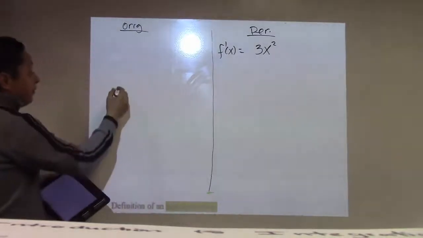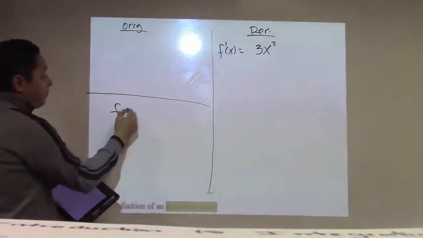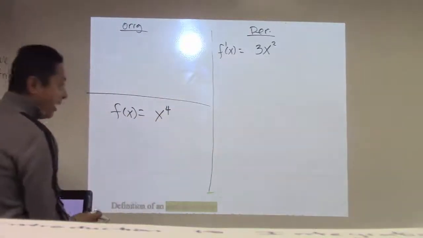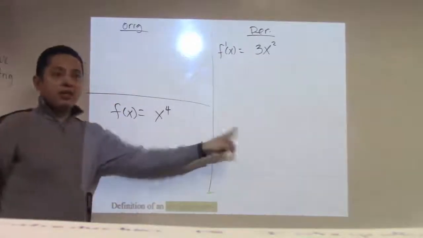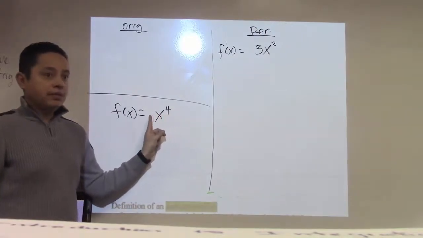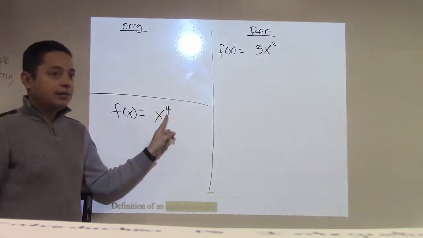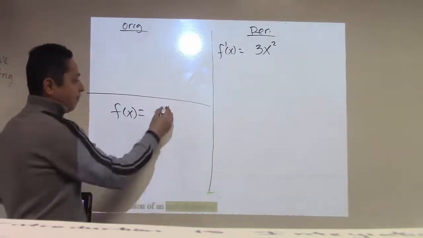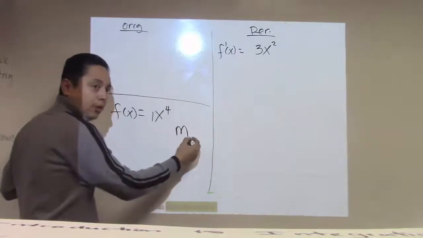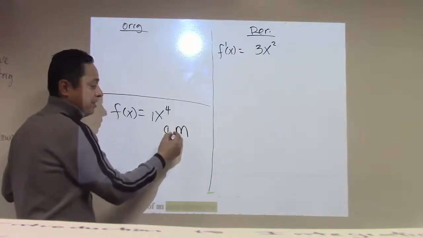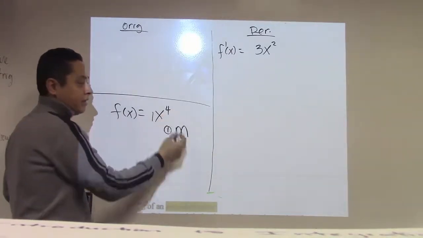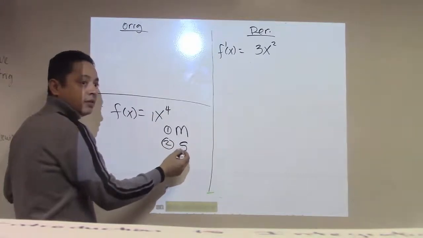Well, typically, if f of x equals x to the fourth, and I ask you for the derivative, what is the process that you go through? 4 times 1, and then take away 1, right? So you'll say 4 times 1 is 4. So what you're really doing, you're actually multiplying. That would be your step 1. And then you're taking away 1 from the exponent, so you're really subtracting. So your step 2 is to subtract.